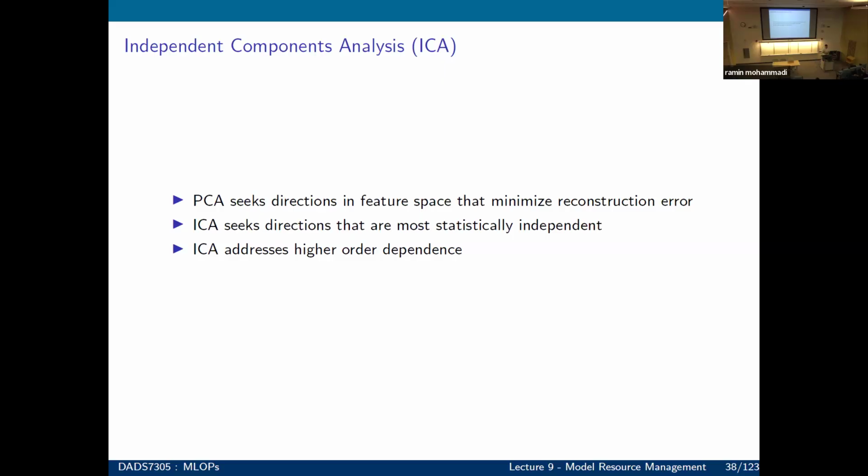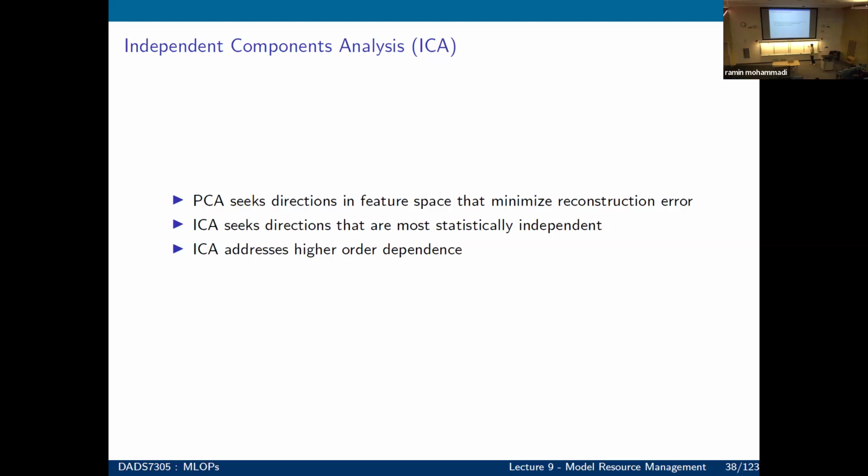There's a famous expression about ice cream and chocolate in, I think, Finland, something like that. I don't know if you have heard of it or not. Anyway, we're going to talk about this. Also, ICA addresses high order dependence. Now, what's high order dependence? A and B basically have dependency given C. That comes in networks.